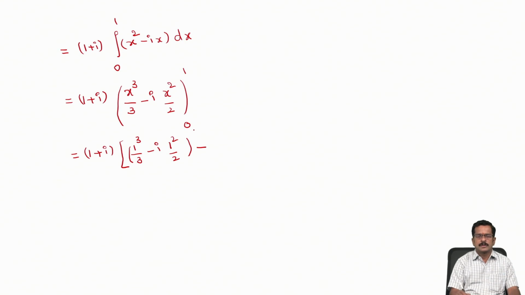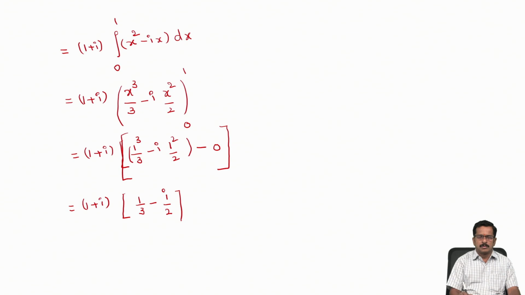For the lower limit, x cube is 0 and x square is also 0, so the value is going to be 0 for the lower limit. So 1 plus i into, what will be here? Here we'll get 1 by 3 minus i into 1 square by 2, means i by 2.